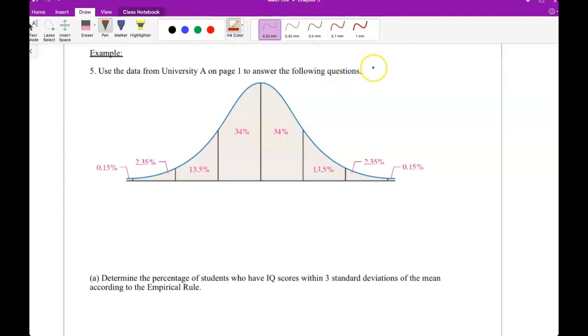So first, fill in the chart. I want to find what we have within 1 standard deviation, 2 standard deviations, 3 standard deviations, what data we have. So first, fill in the chart.